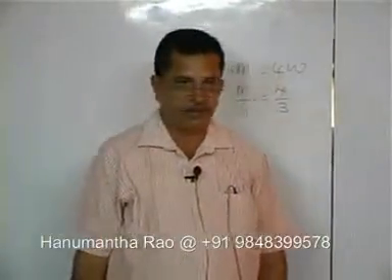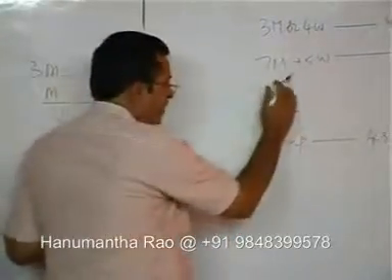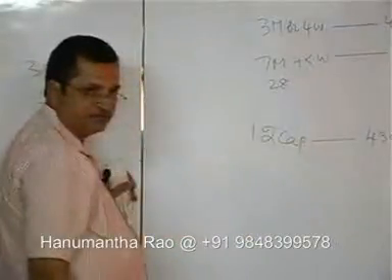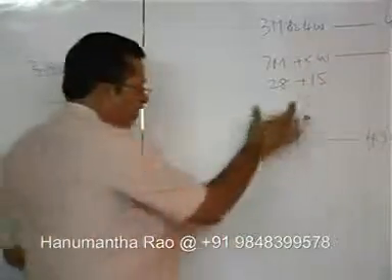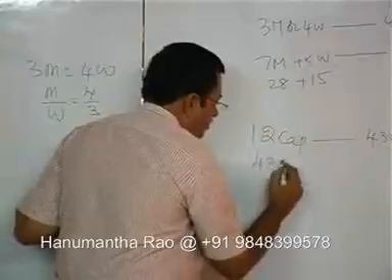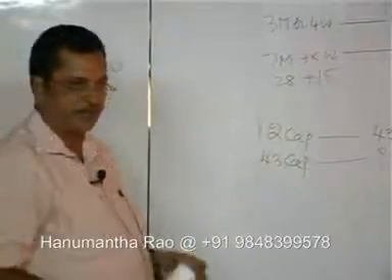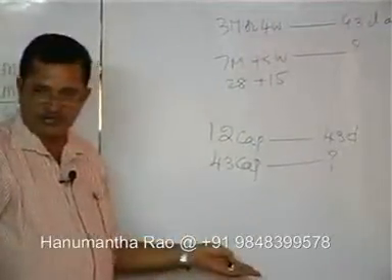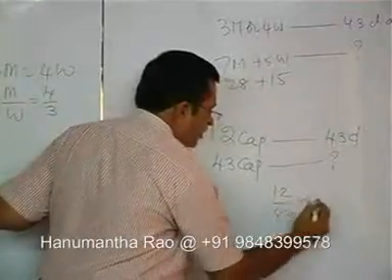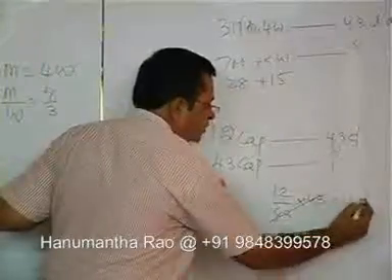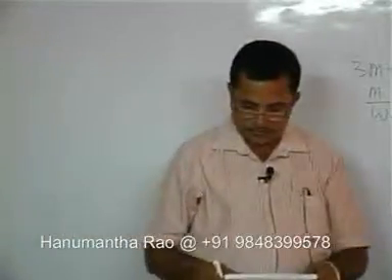Understand? 7 men means 7 fours are 28 capacities, plus 5 women means 5 threes are 15 capacities. 28 plus 15 means 43 capacities. If you are working with 43 capacities, will it take more or fewer days? Fewer days. So less by more into 43. 43 gets cancelled. The work can be completed in 12 days.